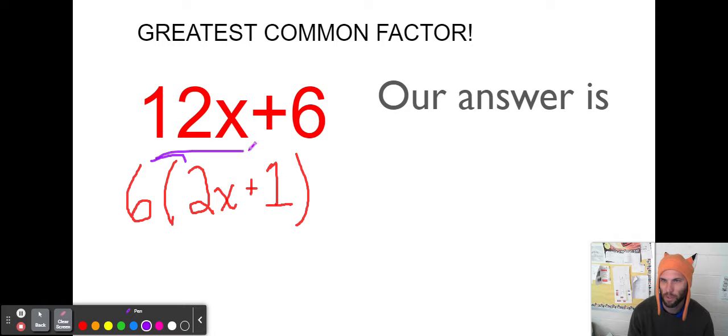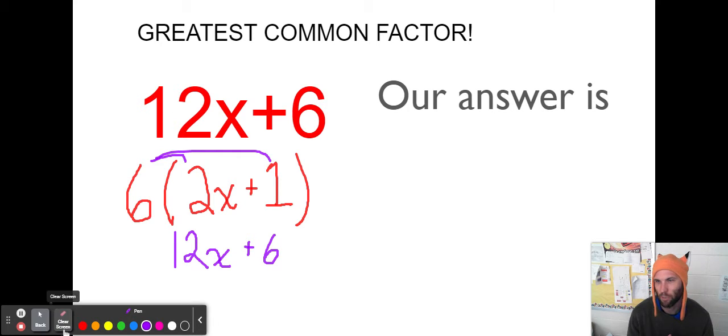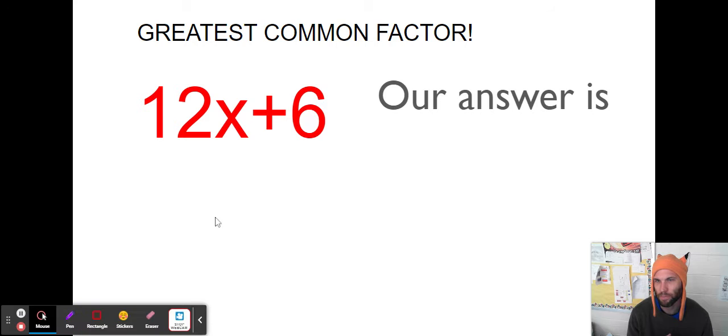So this is distribute. 6 times 2x is 12x, and 6 times 1 is 6. That's the check to know if you have factored it correctly, but it won't tell you if you have the greatest common factor. So you do have to see if there's another common factor in here. If you have another common factor inside the parentheses, then you're going to need to find that greatest common factor.